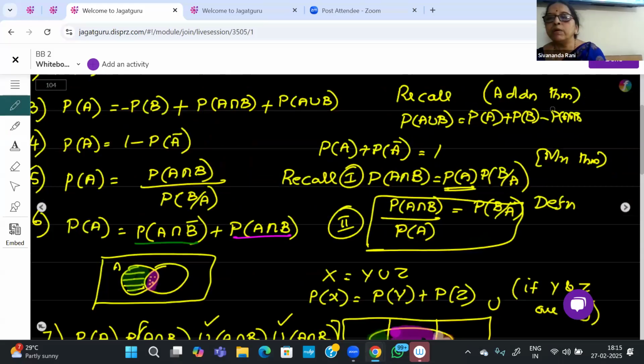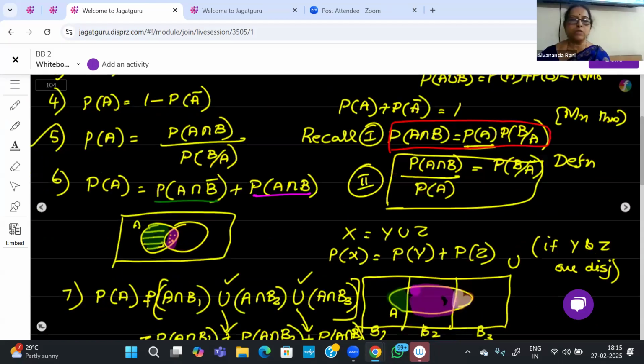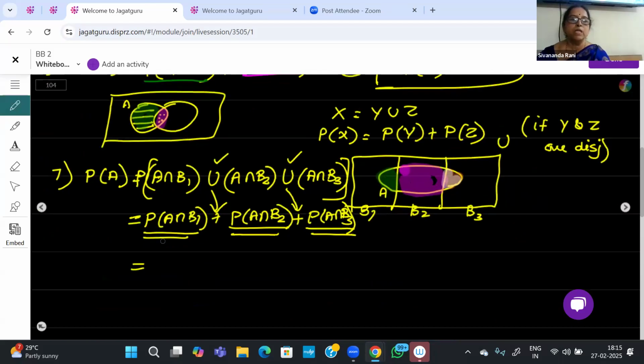I was telling you about the very important multiplication theorem, which allows you to express the probability of the intersection as the conditional probability of one into the unconditional probability of the other. That's what the multiplication theorem says. So would someone like to express this using the multiplication theorem? How can I write it?